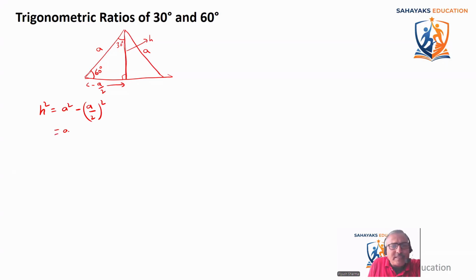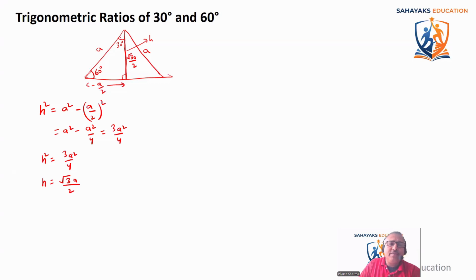So it becomes A square minus A square by 4, that comes out to be 3A square by 4. So h square is equal to 3A square by 4. Taking the square root of both sides, the value of h comes out to be root 3 A by 2.